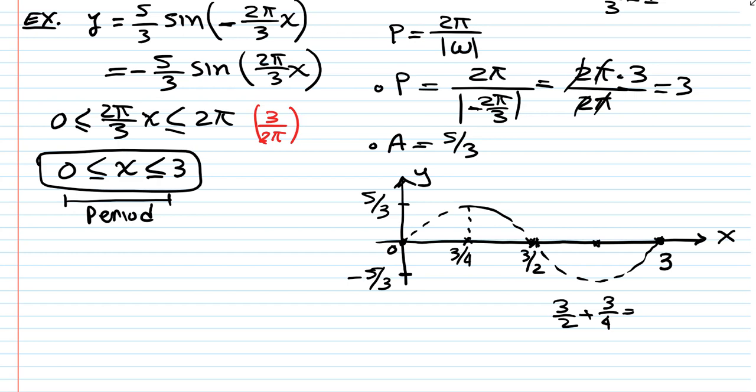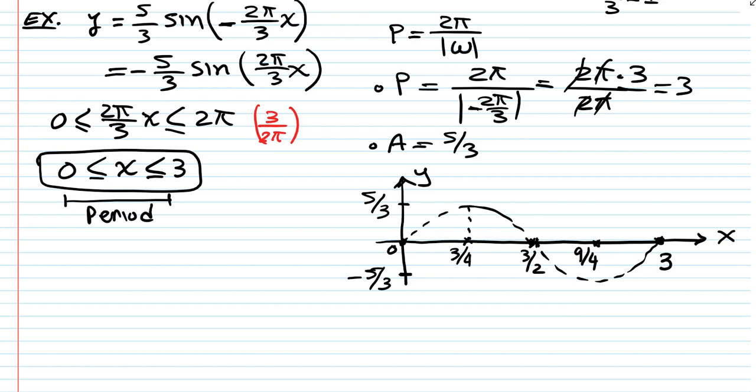The 0, 3/2, and 3 gives you the x-intercepts. The 3/4 and this other number we're about to find, which is 6/4 plus 3/4, 9/4. This 9/4 is going to be where the trough of the current graph is, but for the final graph, that's going to be the maximum.